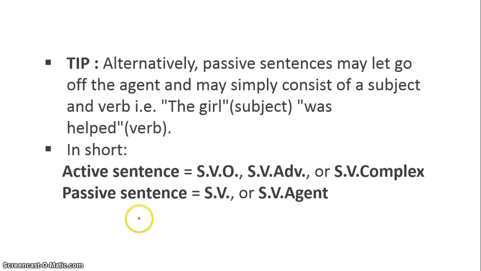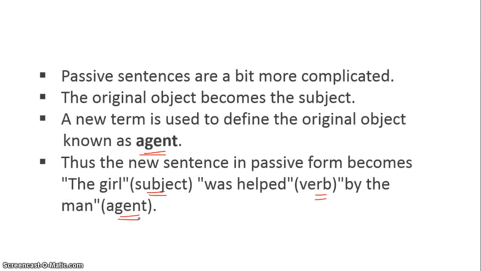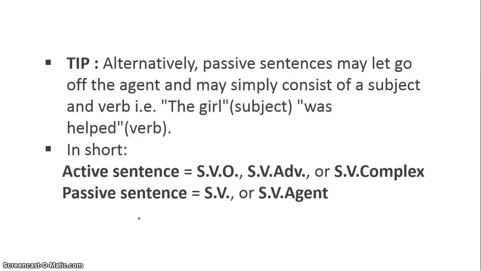Now, a very important thing to note, guys, is that passive sentences have the liberty to let go of the agent as or when they please, and the sentence may simply consist of a subject and a verb. For example, the earlier sentence, the girl was helped by the man, simply becomes the girl was helped.